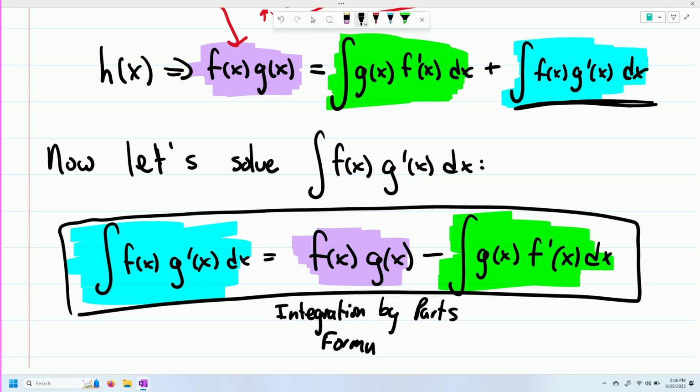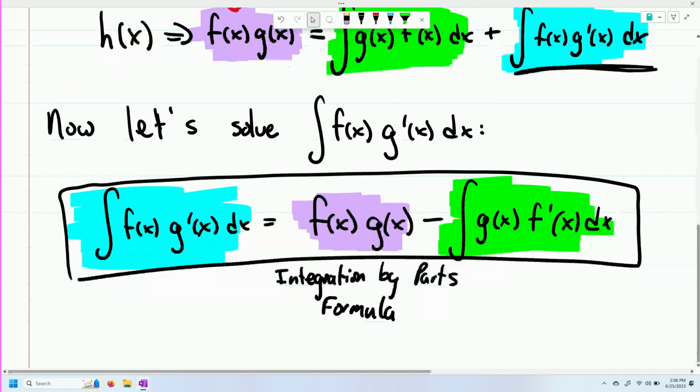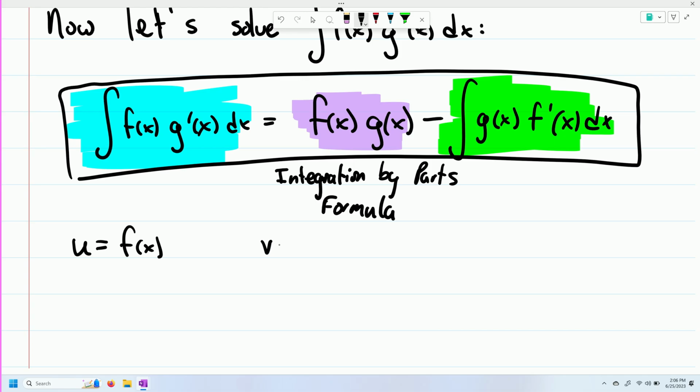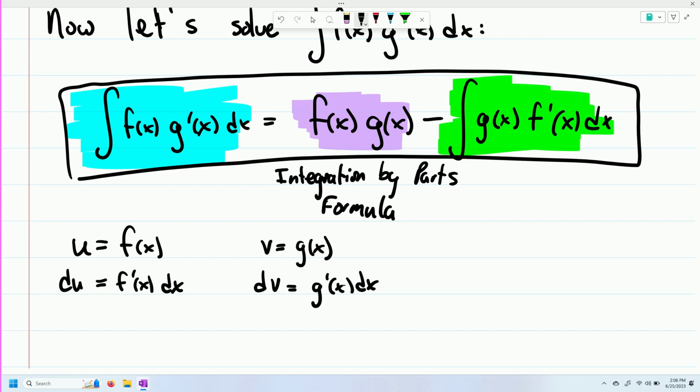Now, to help us, we're going to make this look a lot nicer. We're going to use the following substitutions. We're going to let u equal f of x, v equal g of x, and in turn, du is going to be f prime of x dx, and dv is going to equal g prime of x dx.